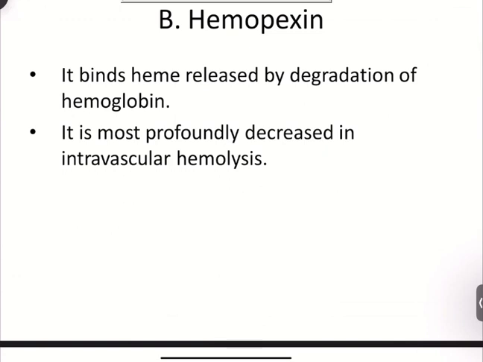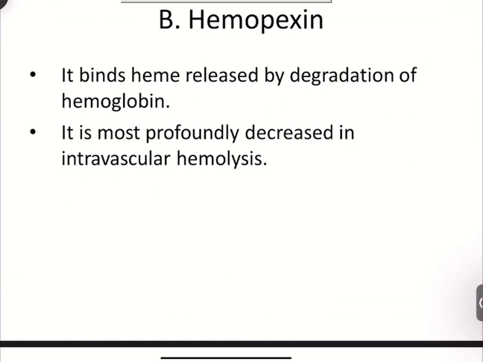Next is your hemopexin. Your hemopexin binds heme released by degradation of hemoglobin. When your RBCs are lysed or at a normal cell death, it will now have released the hemoglobin inside it. Okay? Your hemoglobin will not disintegrate.